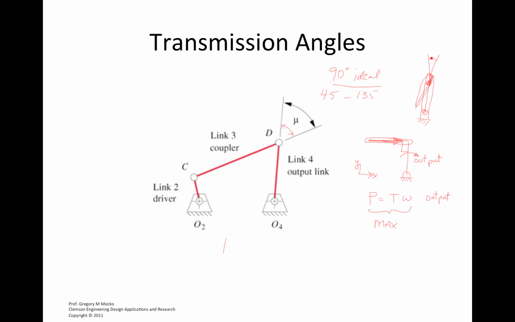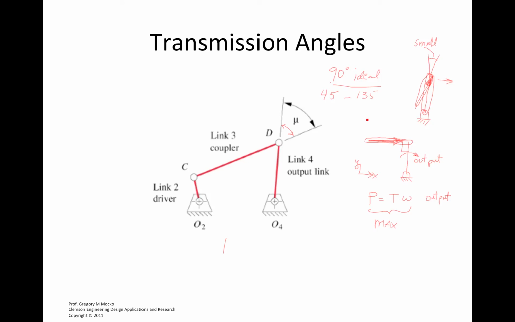This angle mu is small. So most of the force goes into stretching or trying to tear apart this output link, and very little of the force goes into useful power. So 90 is ideal. We'd like to keep it 45 to 135.